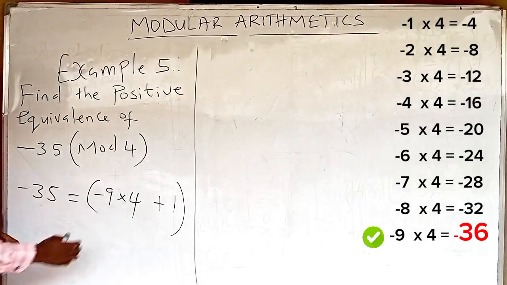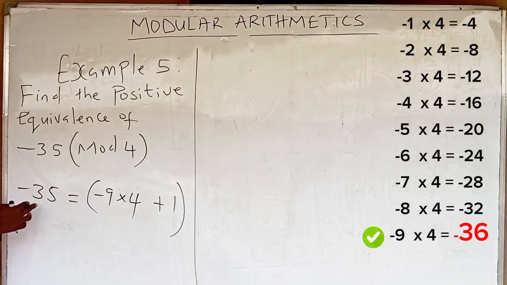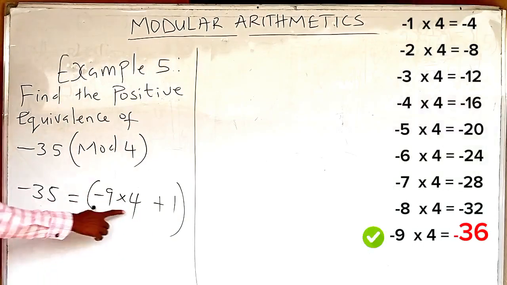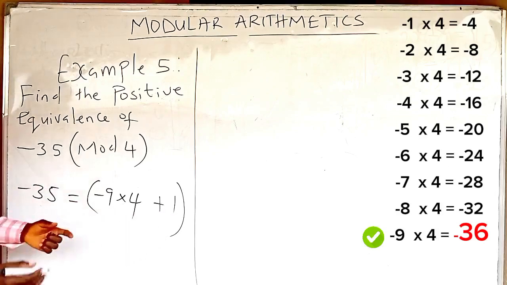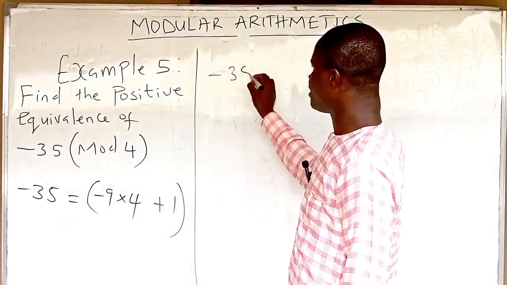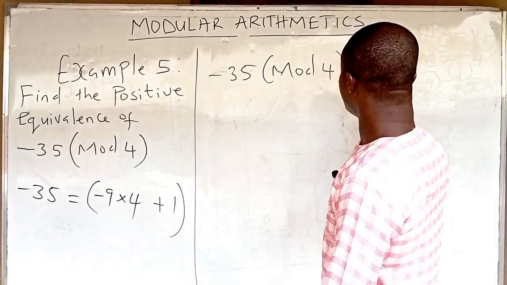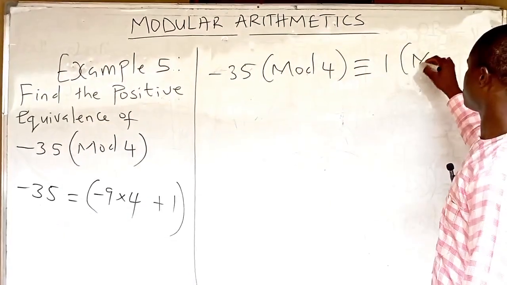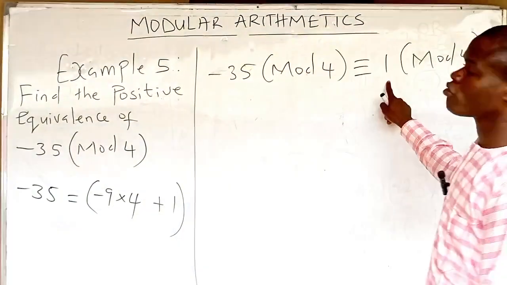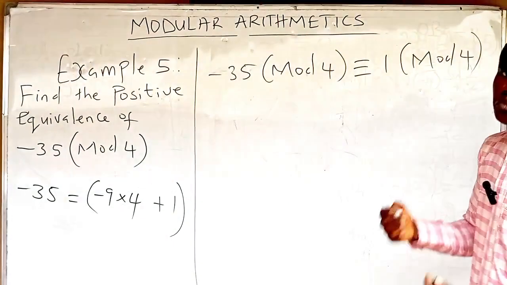To make minus 36 become minus 35, I'm going to add 1 to minus 36. So because 1 was what was added, it simply means that minus 35 modulo 4 is equivalent to 1 modulo 4. So that number that was added becomes our answer. So minus 35 modulo 4 is 1 modulo 4.